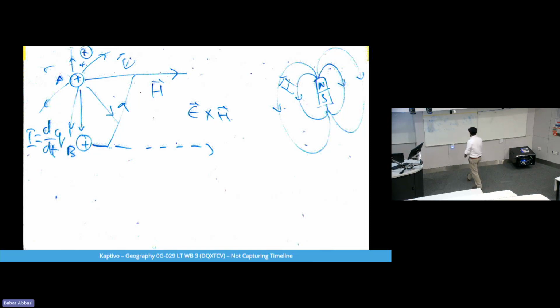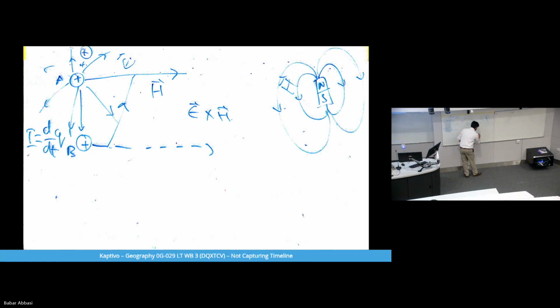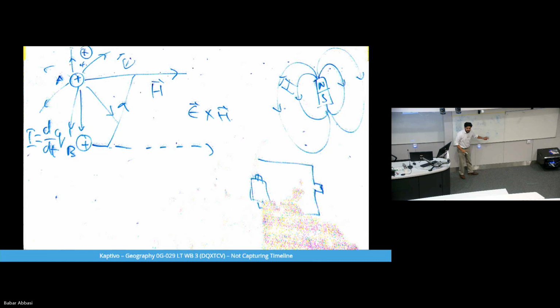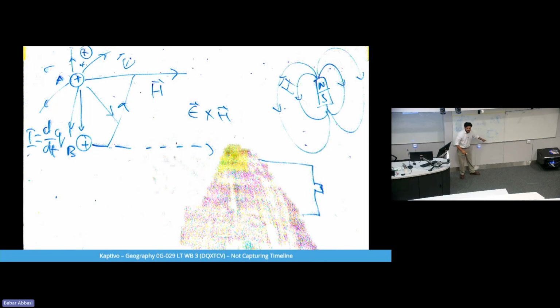So a simple battery, if not connected to a load, will do nothing, right? But if it is connected to a load, then what will it do? It will do exactly what you've said. Push a bunch of charges from here so that there is a net negative charge here, and pull some of the electrons from here so there is a net positive charge here.